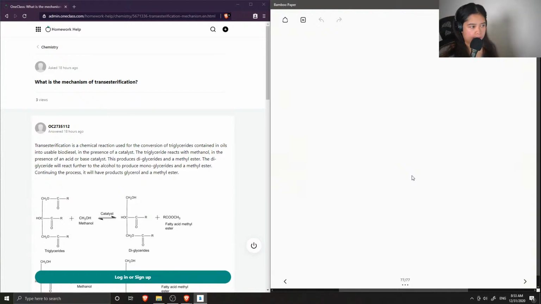Okay, so question 2. What is the mechanism for esterification? Okay, so let me write out the general scheme.